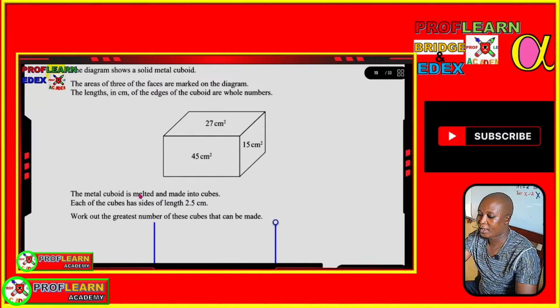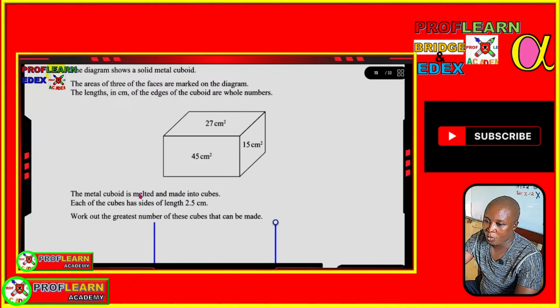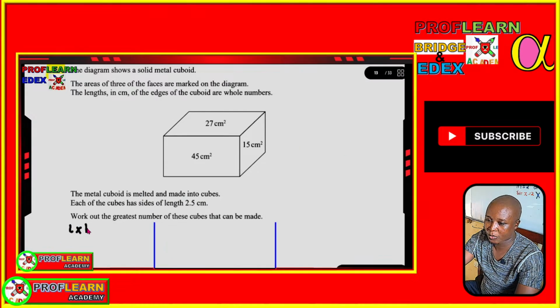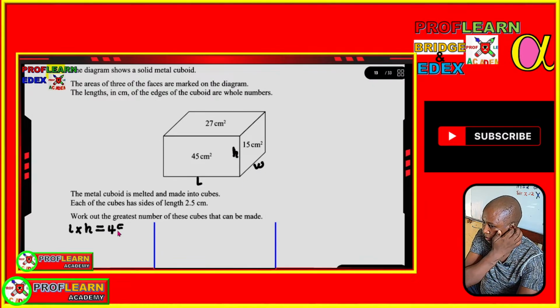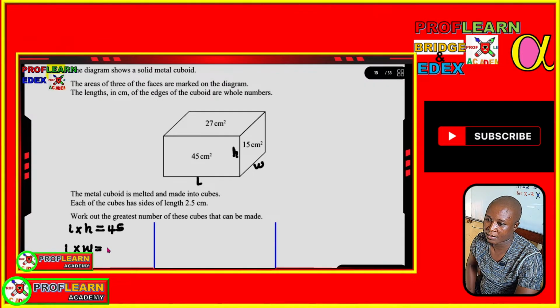In order to work out this question, we identify a few things. Length times height gives us 45. Length times width gives us 27.